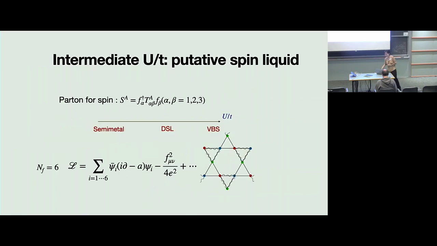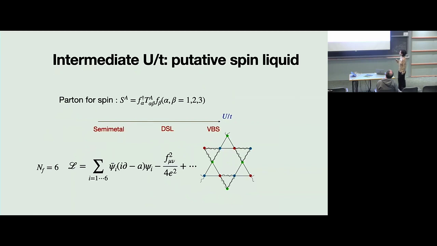And at intermediate interaction strengths, the system is effectively described by some spin Heisenberg model, where the spin again can be decomposed in this parton construction. We have a putative low energy theory of QED with 6 Dirac fermions.